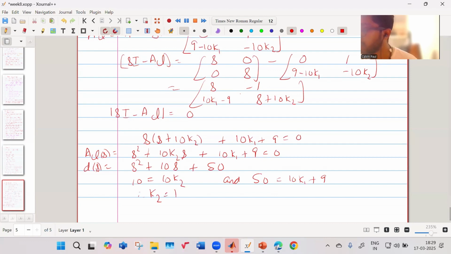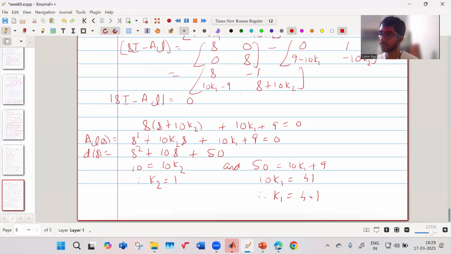Therefore K2 is 1, and 10K1 is 41, therefore K1 is equal to 4.1. So our gain K is 4.1 and 1. This is our gain vector K.